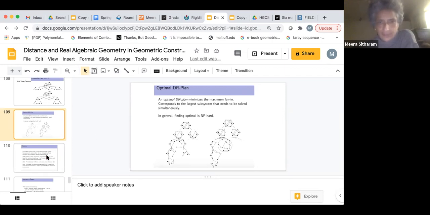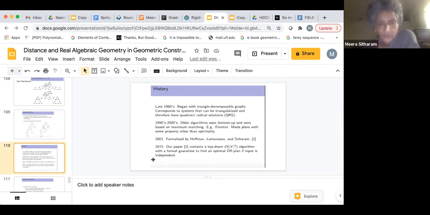Next talks about history. In the 80s, this idea of tree decomposable graphs came about simply because of its nice properties: the ability to solve the corresponding underlying distance constraint system, and that it had quadratically radical solutions, at least in most planar graphs, and was believed to be the case for other graphs too.